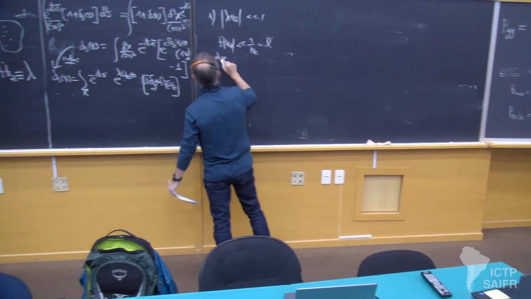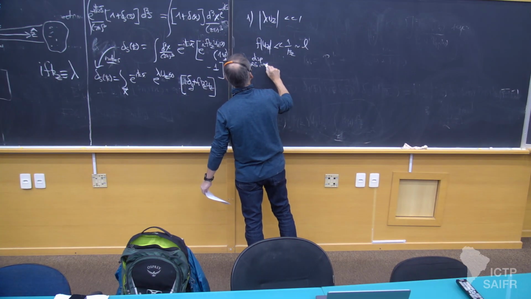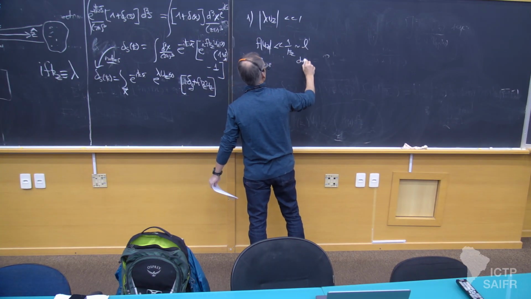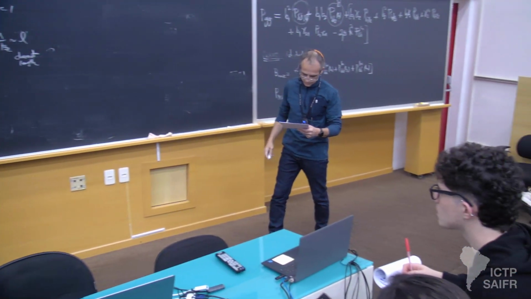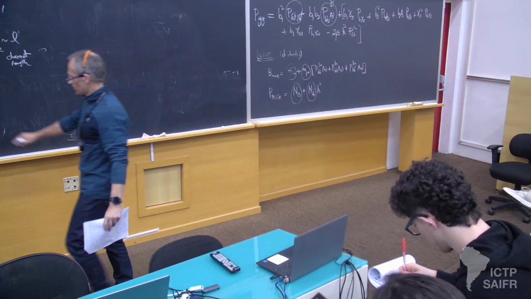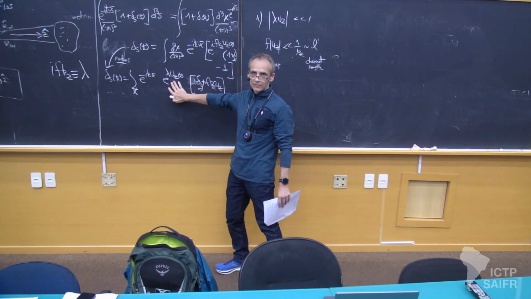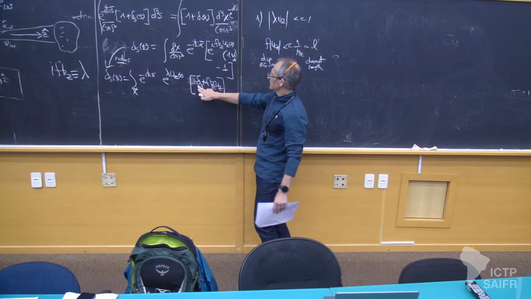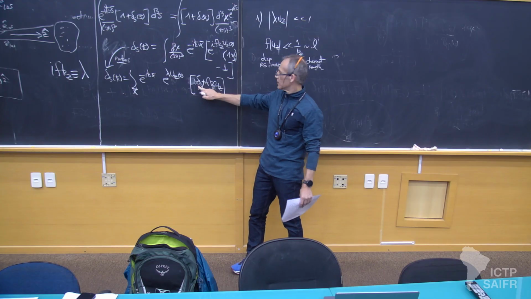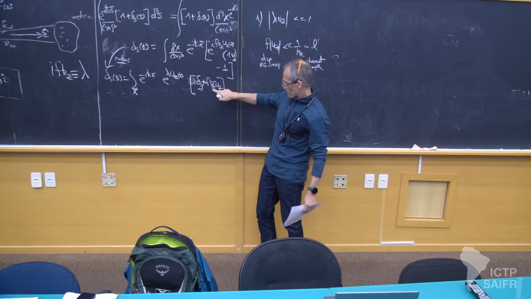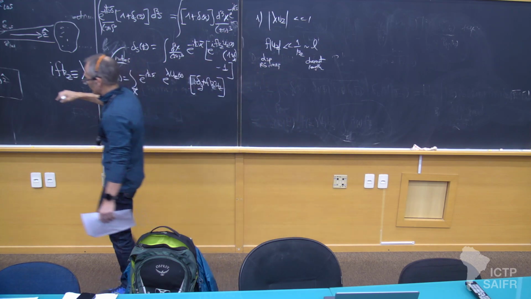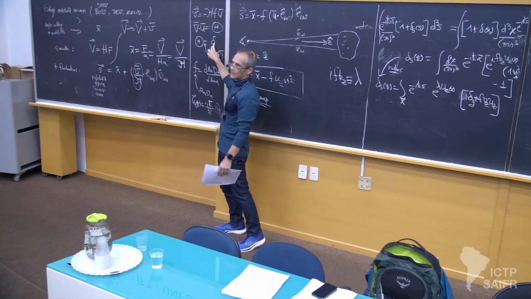So displacements from the RSD map are much smaller than the characteristic length of the perturbation. So in that limit, this exponential I can set to 1, and then you see I get the true Fourier modes plus a contribution, which is this guy. But in linear theory, remember, its divergence is precisely delta.